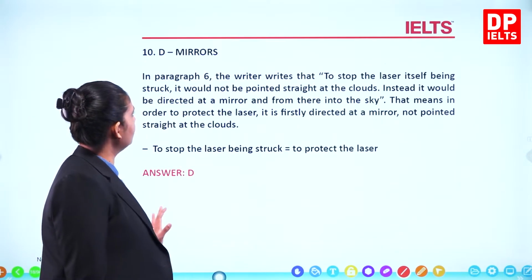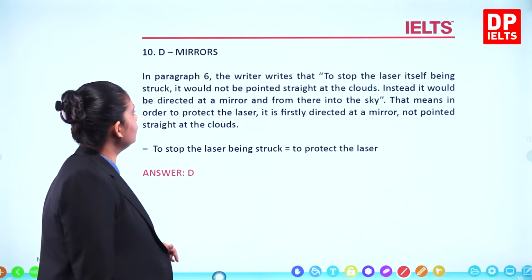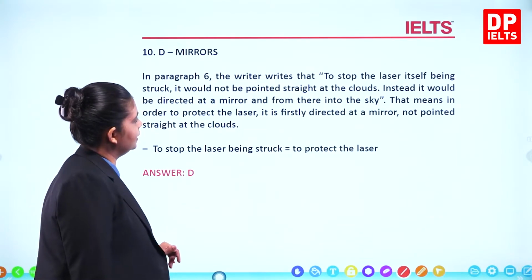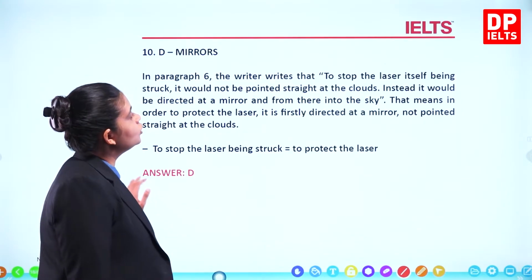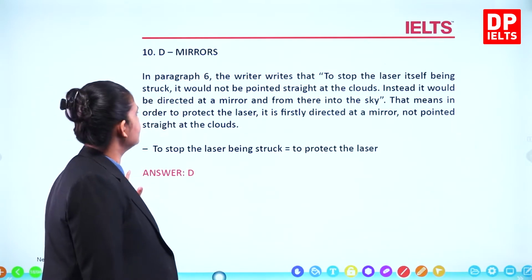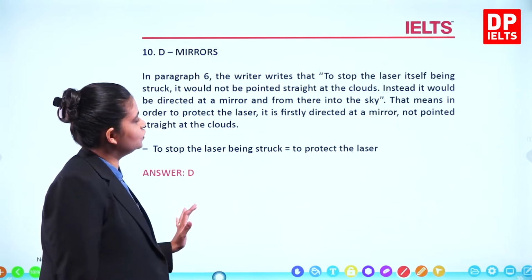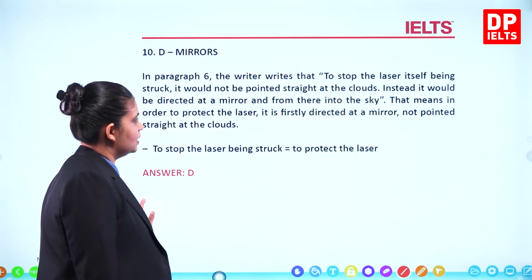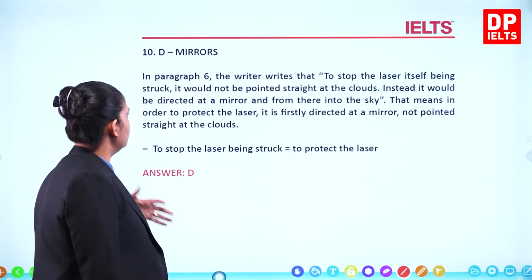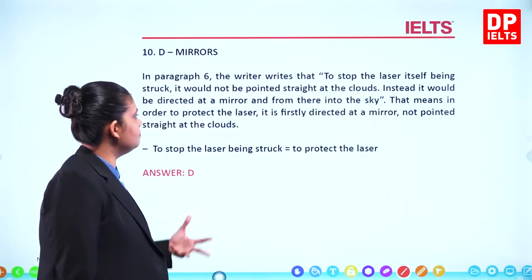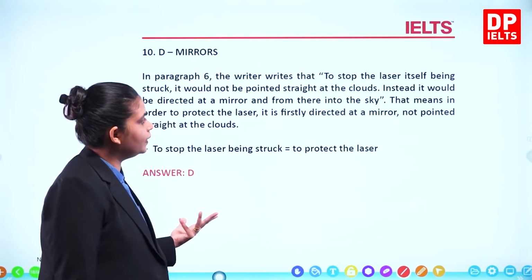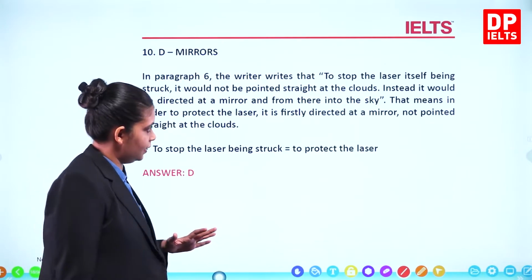D, we talk about mirrors. Now, if you go to para 6, the writer says, right, to stop the laser itself being struck, it would not be pointed straight at the clouds. Instead, it would be directed at a mirror and from there into the sky.